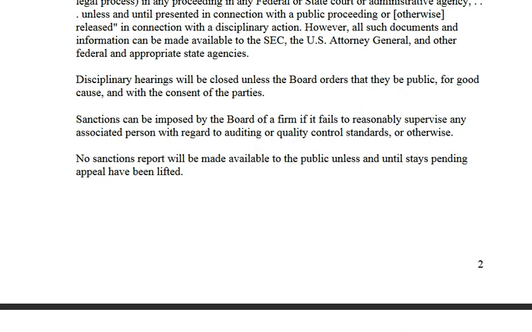Disciplinary hearings will be closed unless the board orders that they be public for good cause and with the consent of the parties.